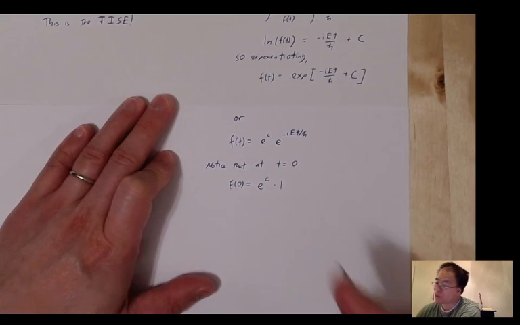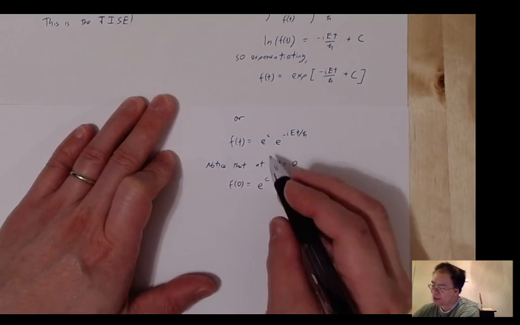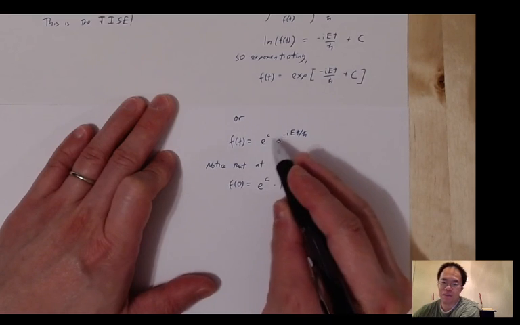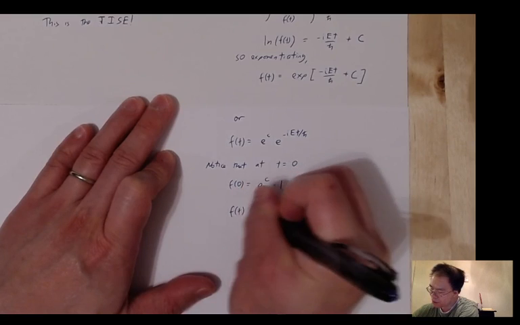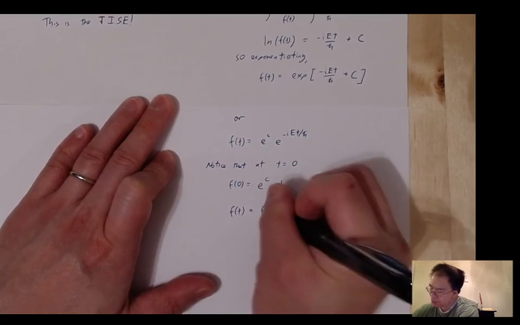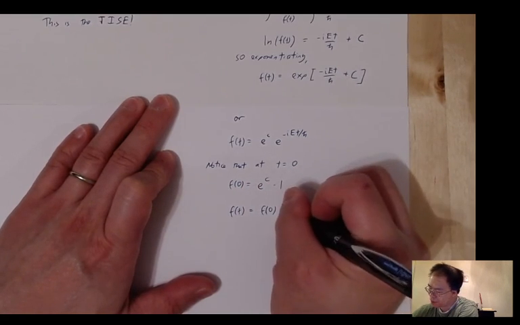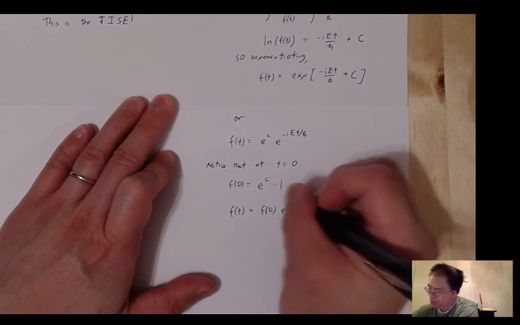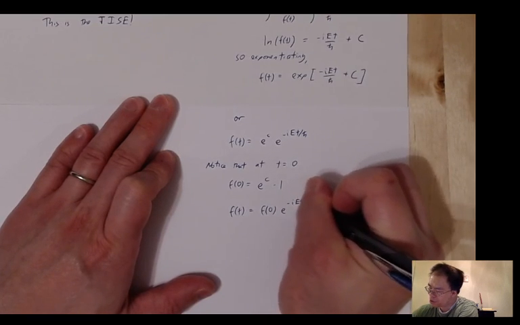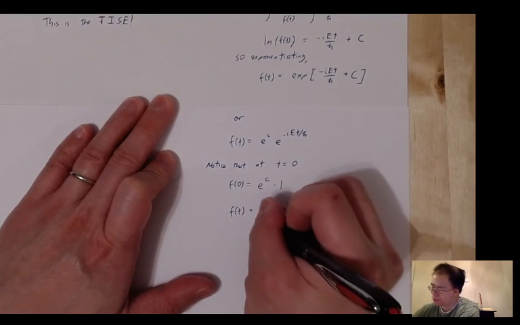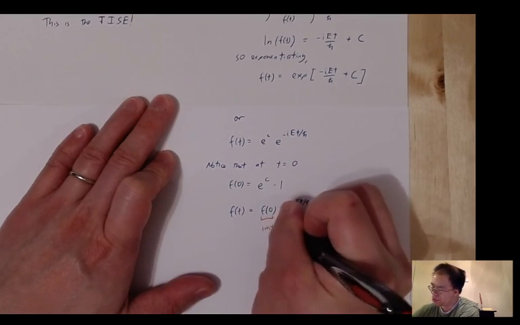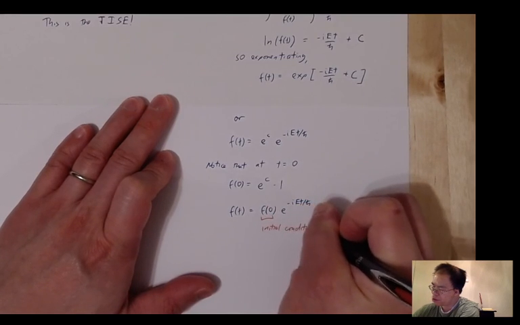So I can just identify e to the c with that initial condition. And you get your good old oscillating complex exponential here.